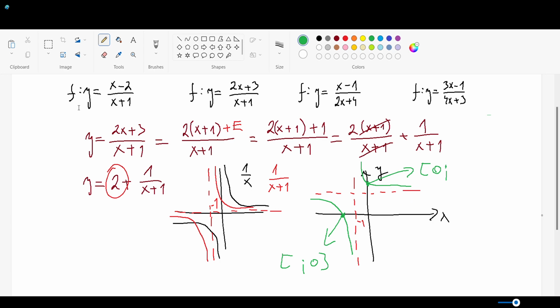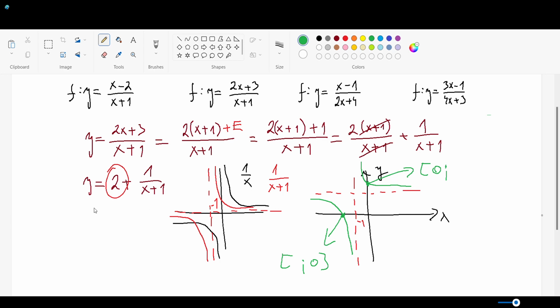The first asymptote has the equation y equals 2, and the second asymptote has the equation x equals -1. So this is what you can see when you use Desmos.